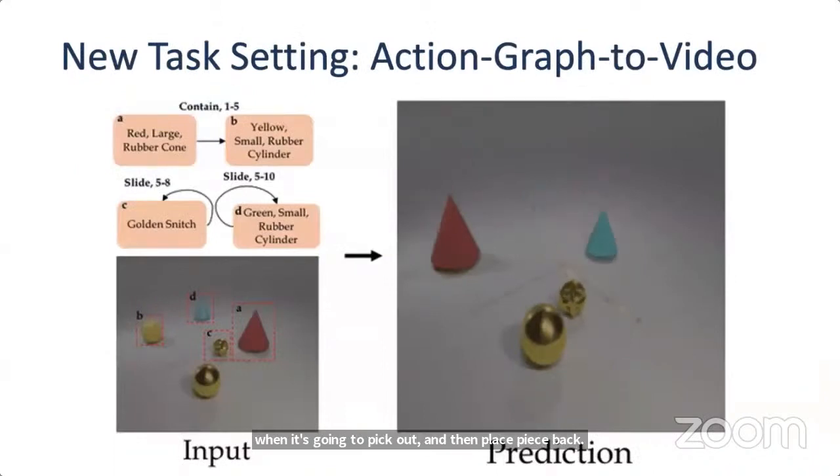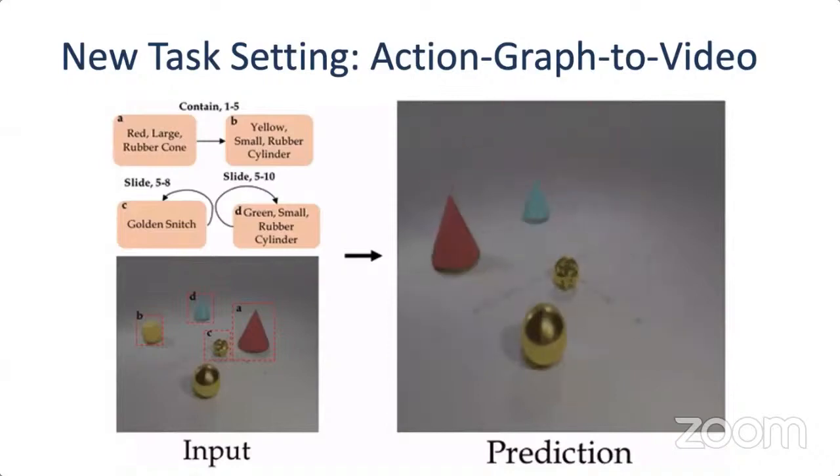Here is another example. Given the initial image frame, we extract the object features and construct the action graph nodes. In the action graph, we specify in the edges from what time to what time the object is going to move.